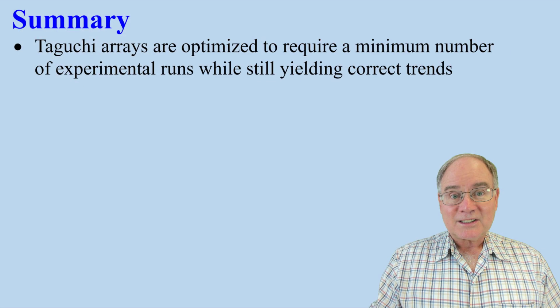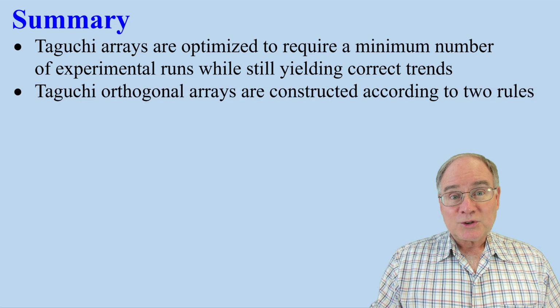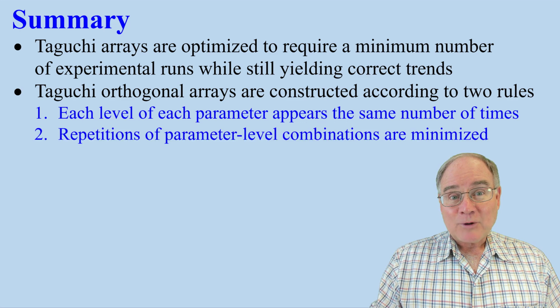In summary, Taguchi arrays are optimized to require a minimum number of experimental runs while still yielding the correct trends. There's two rules for Taguchi arrays. Each level of each parameter appears the same number of times, and repetitions of parameter level combinations are minimized. Again, that's not to say there can't be some repetitions, but we do it consistently across the whole array.